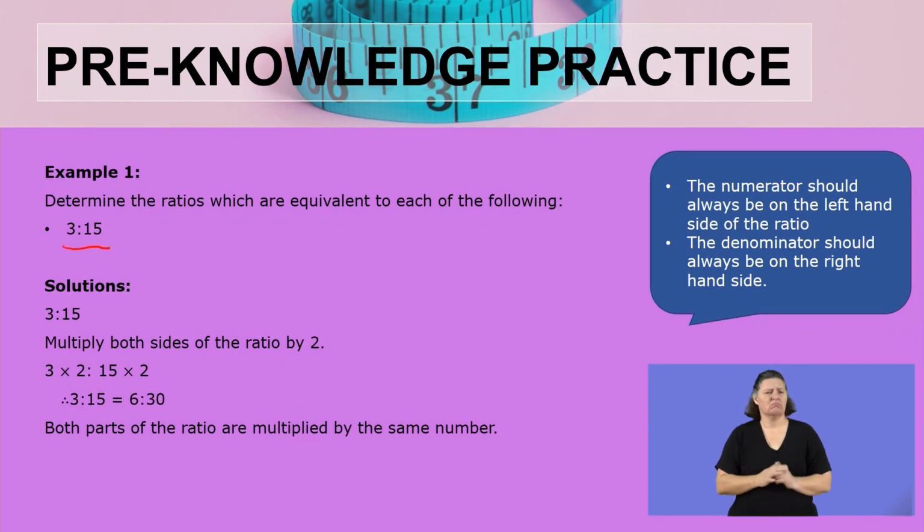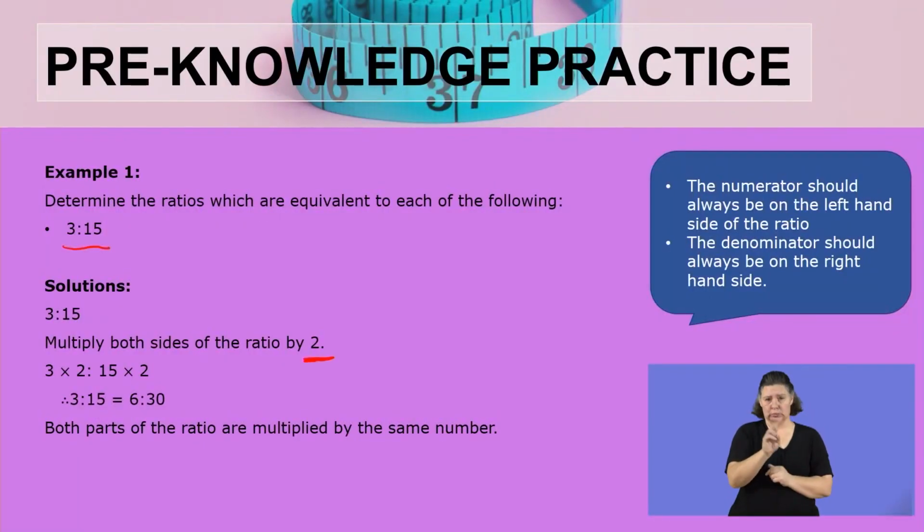3:15. So how do we determine the ratios which are equivalent to the ratio which is given here? For us to say the ratio is equivalent to another one, it means it should be multiplied by the same value. In this example, I multiplied by 2. So let us see the impact that multiplication by 2 will have on this one. To multiply by 2, you multiply both sides. On the left-hand side, we have 3.